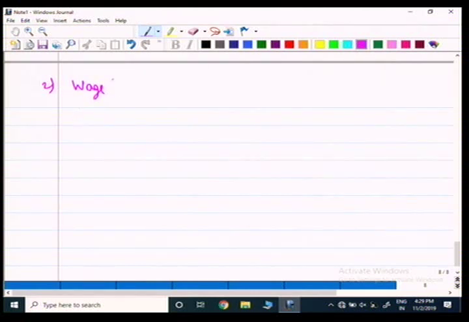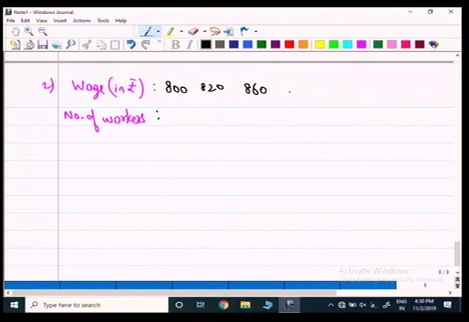So wage is given in rupees and number of workers who got this wage. And see, this chapter is a very scoring chapter.